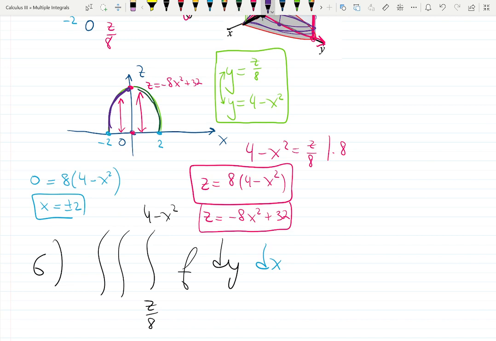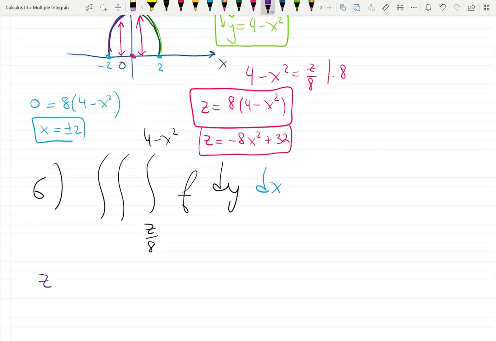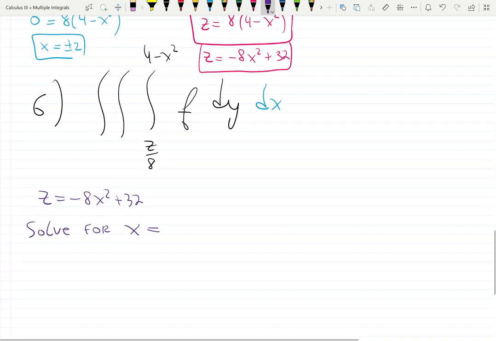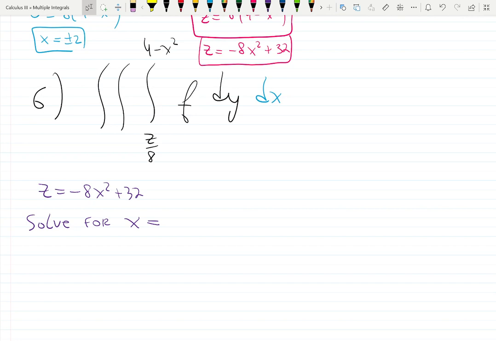This time I will write it down for you that we need to solve for x, right? So z equals minus 8x squared plus 32. Solve for x. Should I show you steps or not? I guess you should do it by yourself, yes.